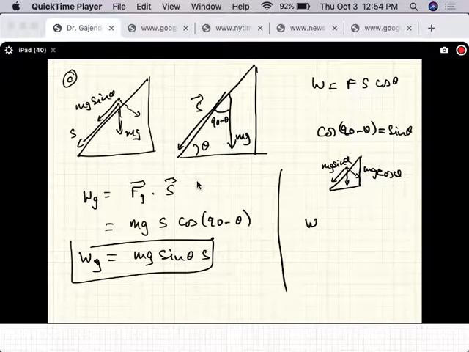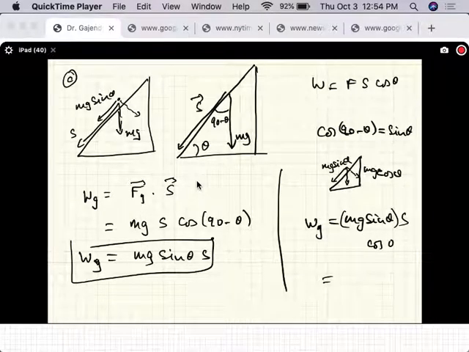So the work will be mg sine theta times s times cosine of 0, which is mg sine theta times s. Anyway, the work done by gravity is mg sine theta s. You guys understand? How are you guys doing, my friend? Good. All right.